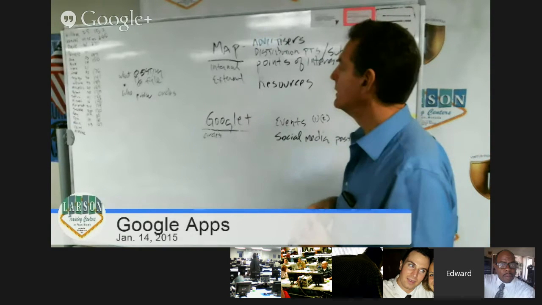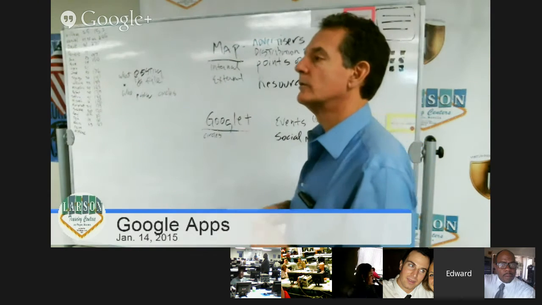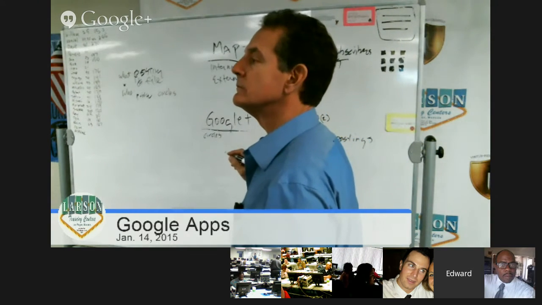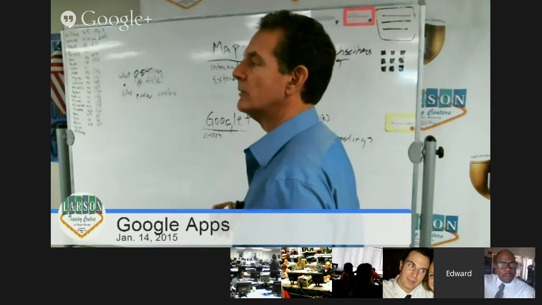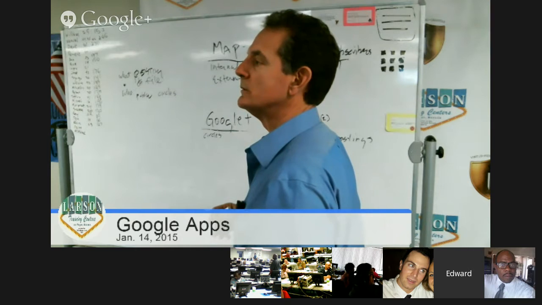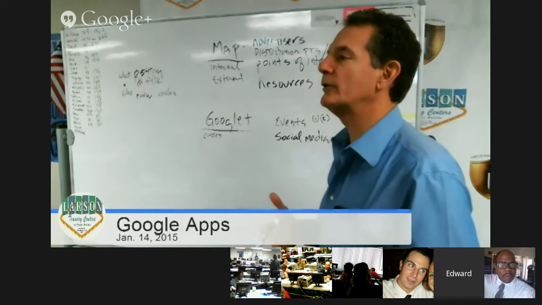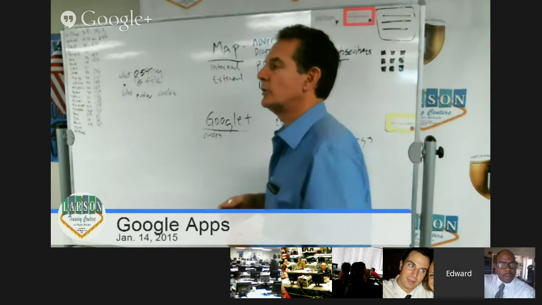Now, what else can we do with Google Plus? You can post to the circle and the community. Did you hit send? Well, I didn't put anything in there. When you hit send is when it would tell you, oh, you can't do both at the same time. So you can test it.